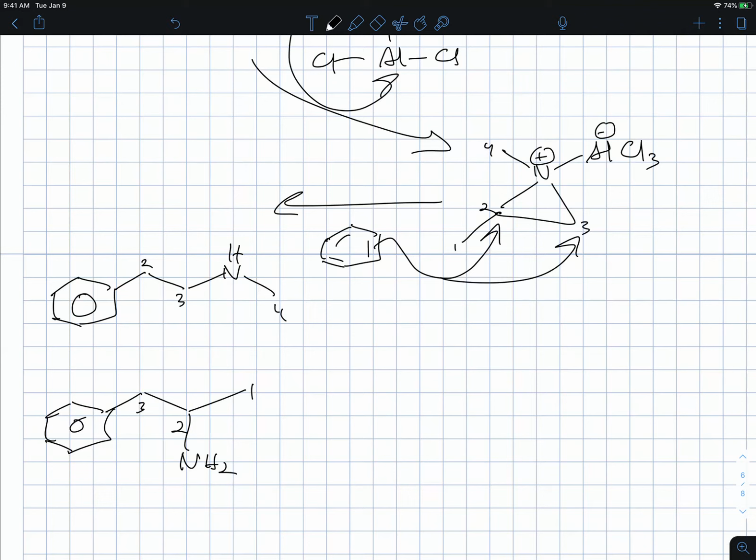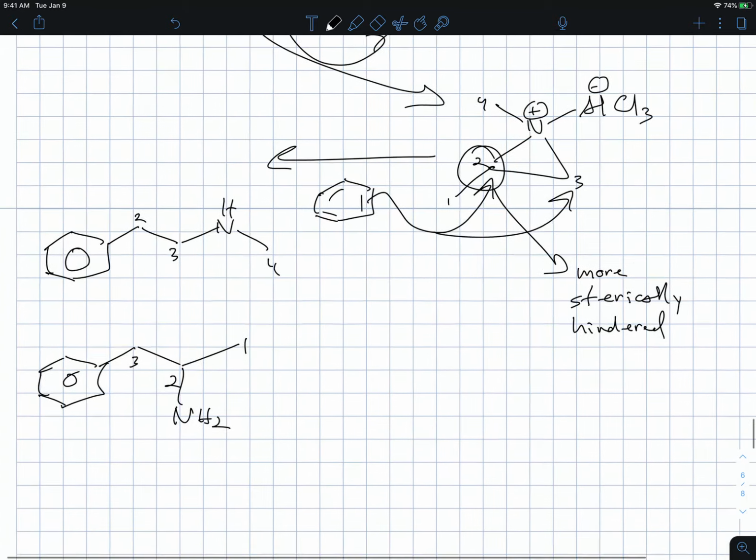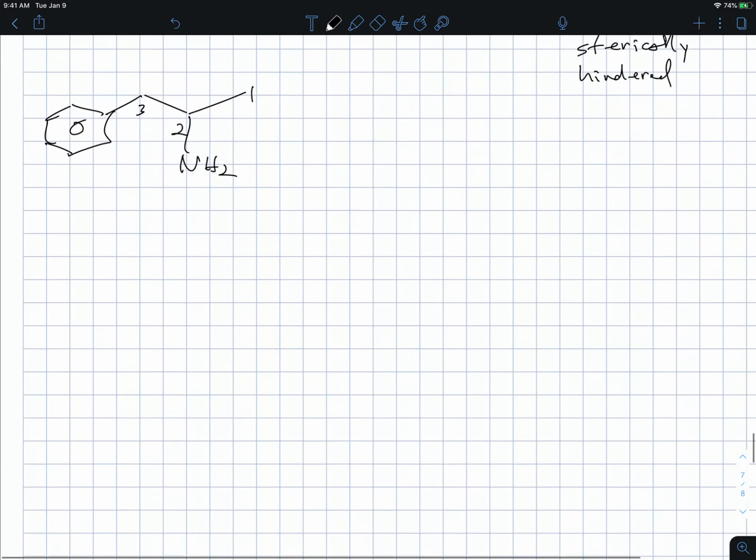Well, there's a couple things to consider here. Carbon 2 is certainly more sterically hindered. But the other thing we need to keep in mind is the electronic factor. There are some resonance structures of this molecule.